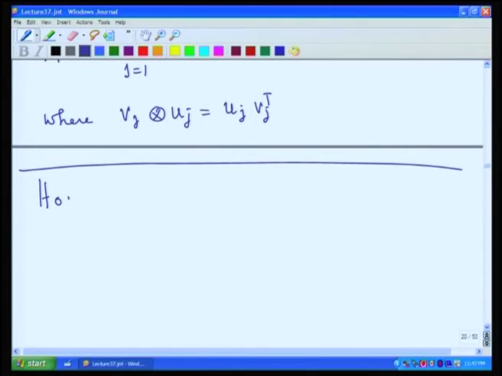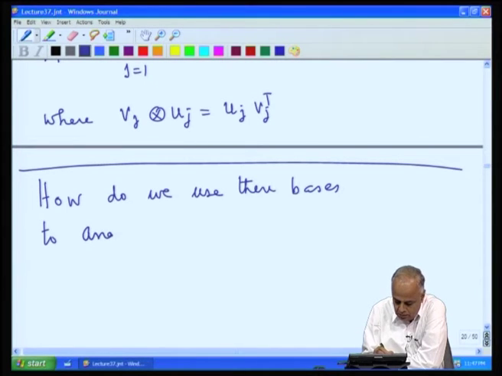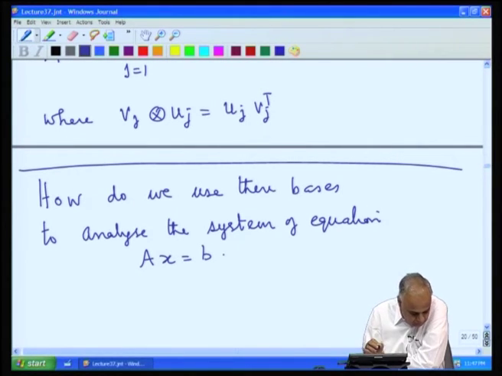Now, how do we use these bases we have chosen to analyze the system of equations A x equal to b?